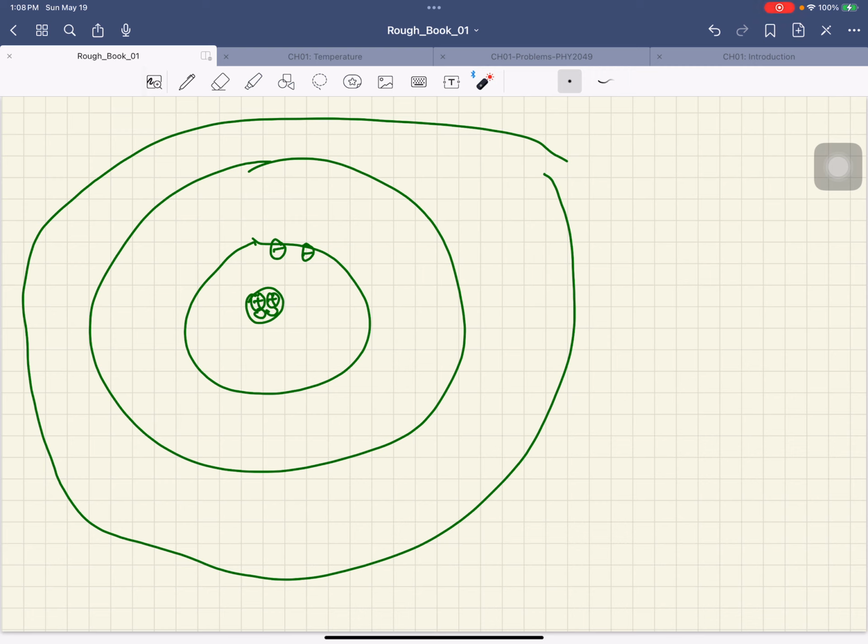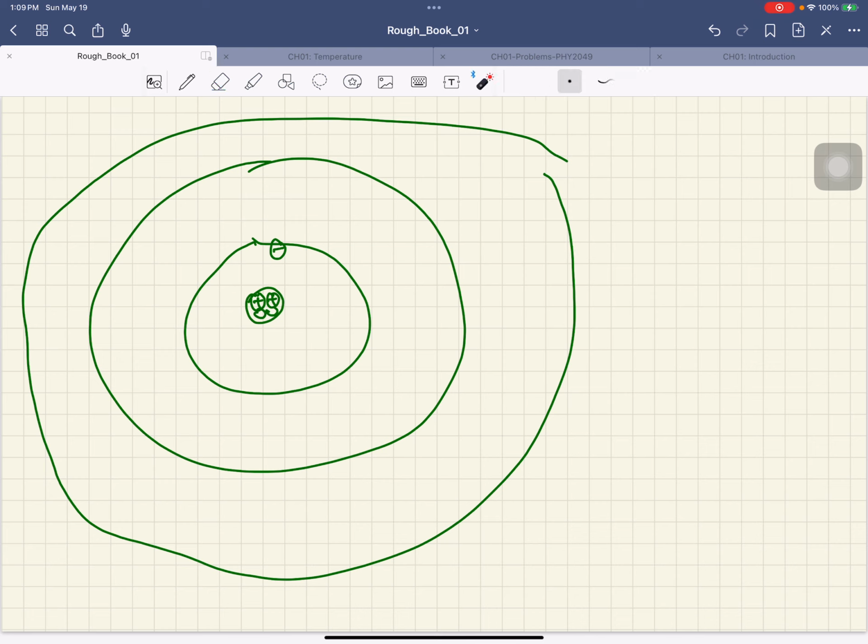So when the electron is in a high energy orbital, when the electron comes back to its ground state, it emits a photon.